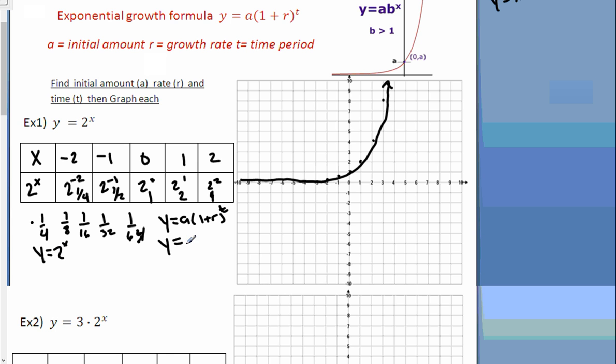Well, hopefully you see a 1. So it'd be 1 times. And now this is the part that people have a little bit of trouble with. I know that's going to be x, right? T, the power of the power. What I need to do is, it needs to look like 1 plus something.